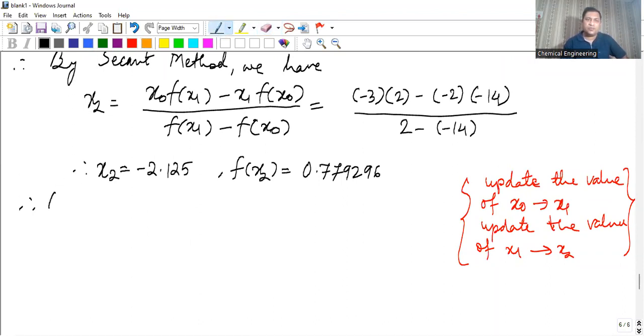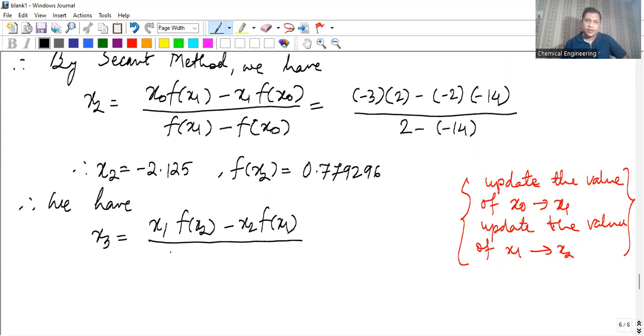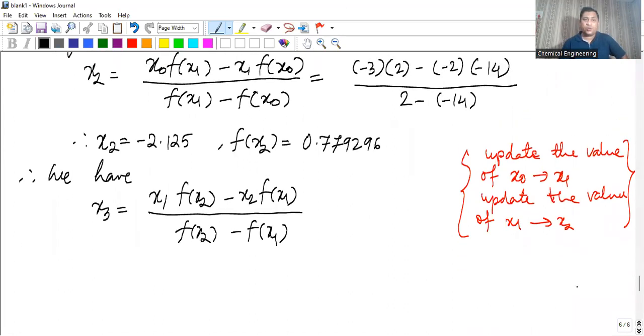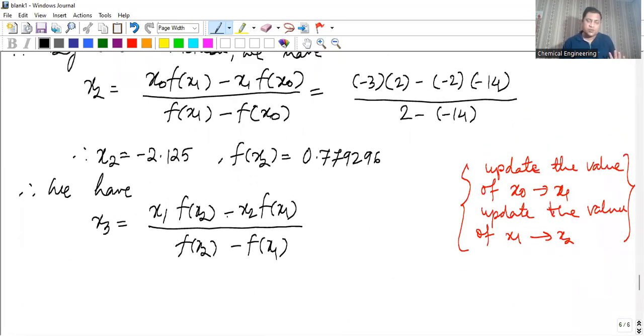By secant method, we have x3 is equal to x1 f of x2 minus x2 f of x1, and here we'll have f of x2 minus f of x1. So x1 remains x1, but we have to introduce x2.